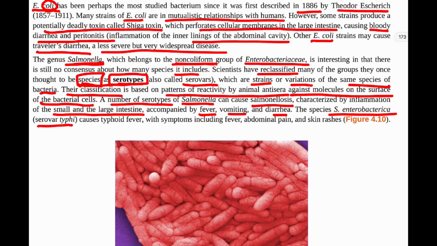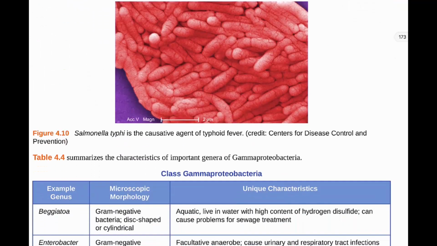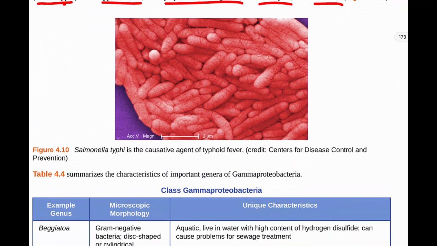So typhoid fever is actually from a serovar, the Typhi serovar of Salmonella. And this is a nice image here of Salmonella Typhi, which is the causative agent of typhoid fever.